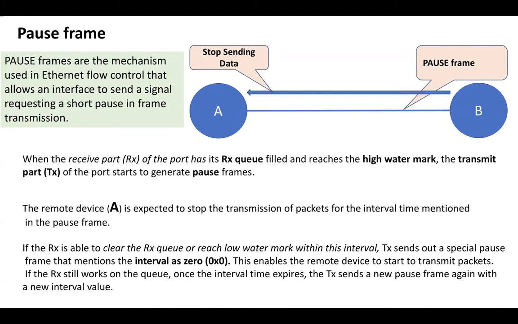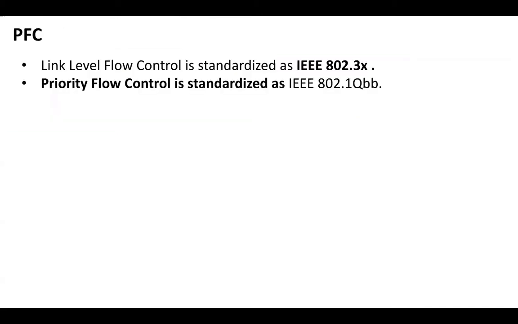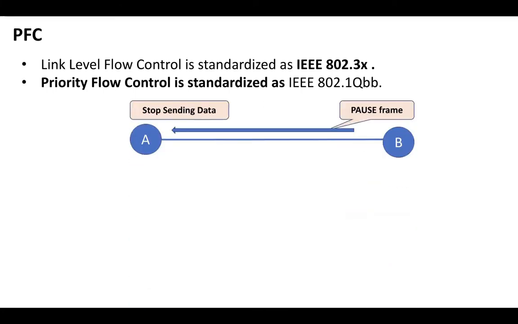Make sense? Let's begin with PFC, priority flow control. Now you may have a question: why PFC as a solution when we have the pause frame mechanism for Ethernet flow control? When we use the pause frame mechanism, it stops sending all traffic regardless of QoS marking, right?